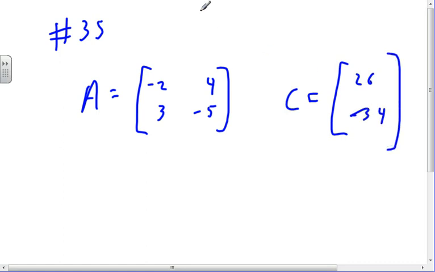And we want to find X and Y. That's what we want to do. Right. So the first thing we want to do is find the inverse of minus 2, 4, 3, minus 5. 1, 0, 0, 1. Check.